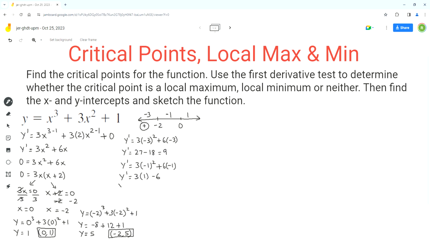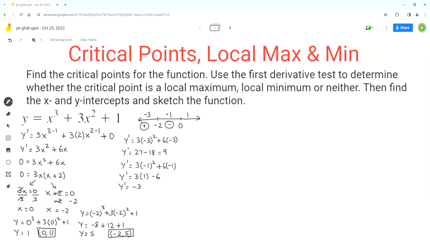So we get 3 times 1 is 3, and 3 minus 6 is -3. So since y prime is a negative number, that means the function is decreasing on the right side of -2, because y prime is a negative value.